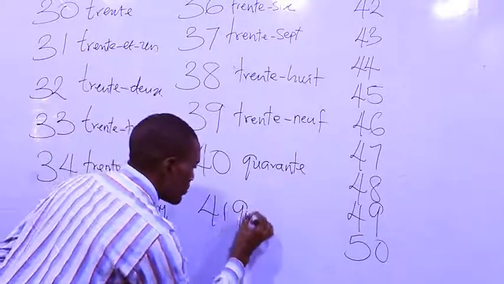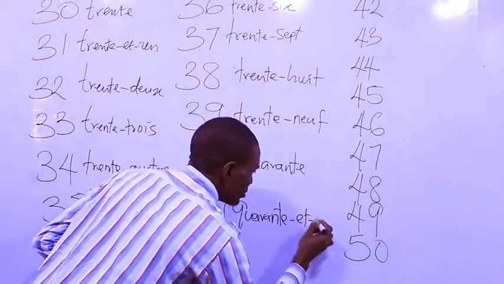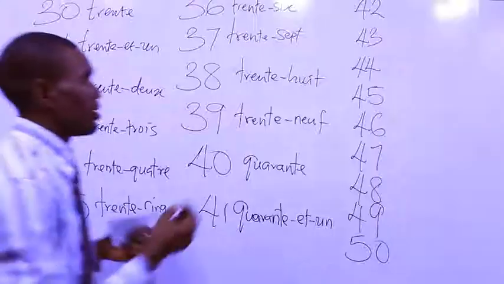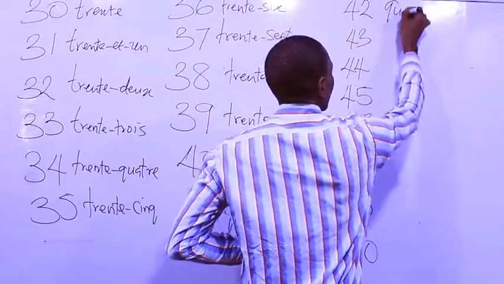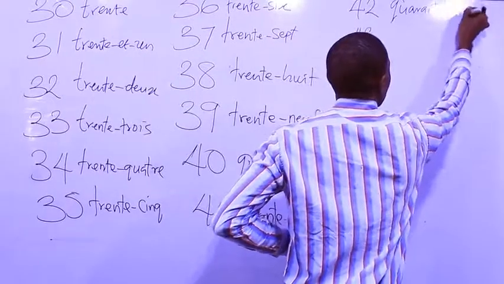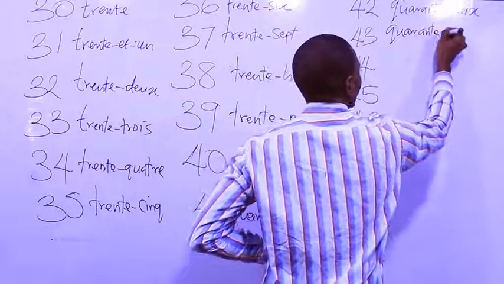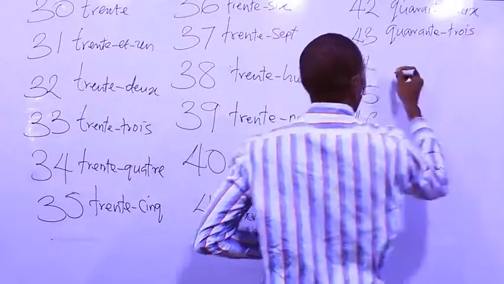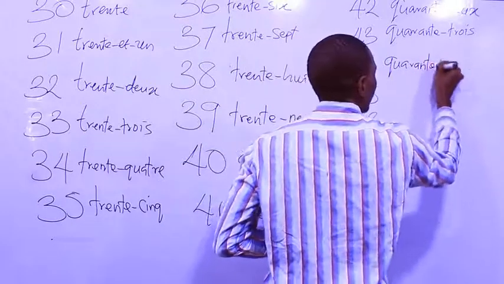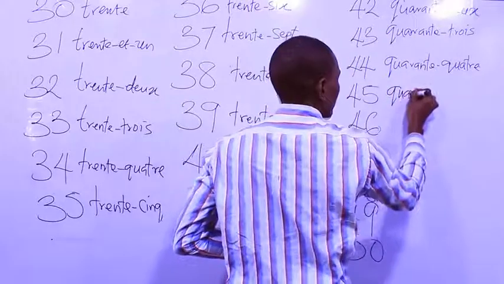So we have 41, that is 40 and 1. We have 42, 43, 44, 45.